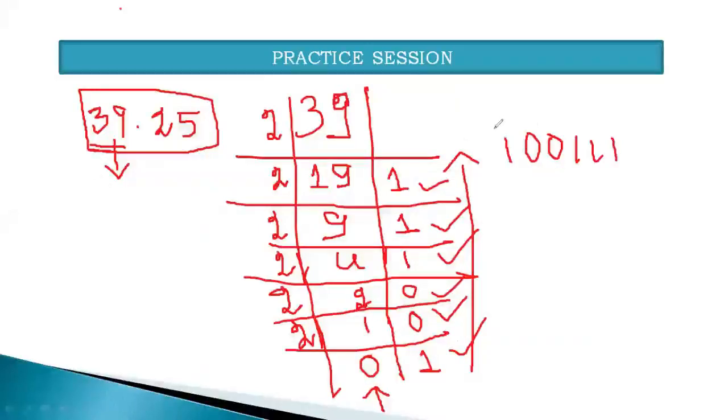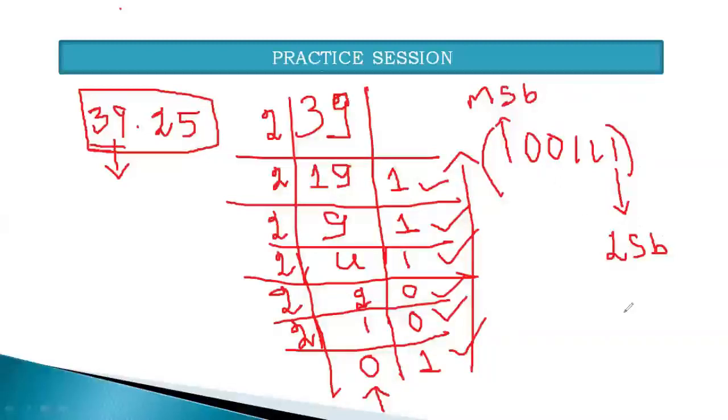Now, you know that the last digit, the right hand side digit, is known as LSB. The full form of LSB is least significant bit, and the digit which you get at the leftmost side is known as MSB, that is most significant bit.